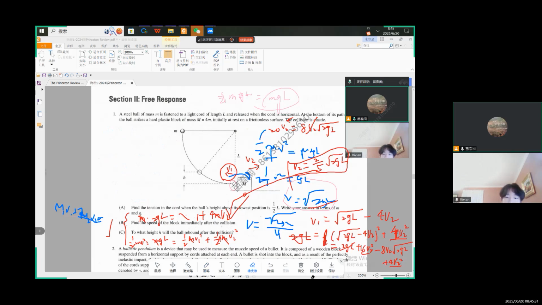Okay, how about C? To what height h will the ball rebound after the collision? Now we know v1 must go to the left, right? You want to say it's rebound, right?